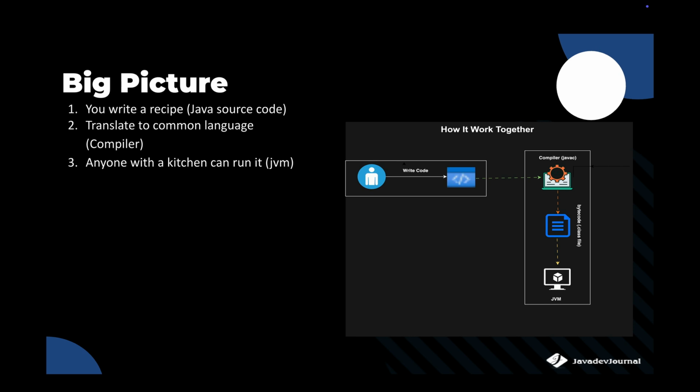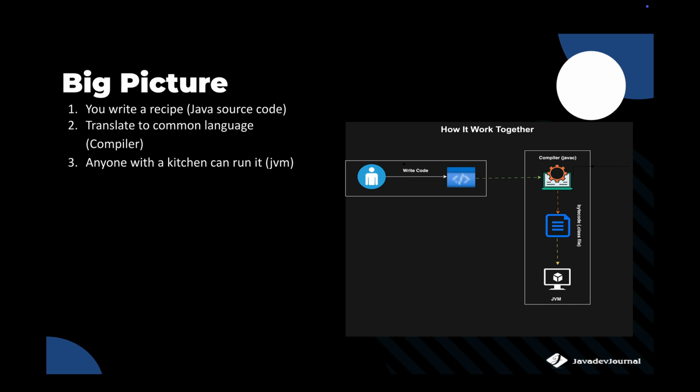If you look at the picture, you write a program, a simple program. It could be as simple as hello world, or any complicated program, where you might be creating enterprise software, or there are even programs which create the programs for space, right? You write a program, and then the compiler comes into the picture.